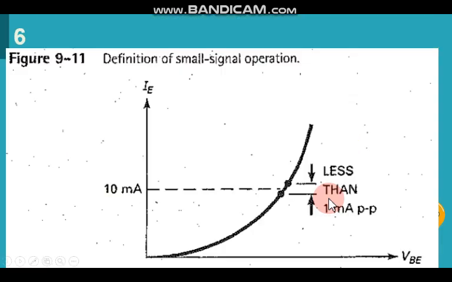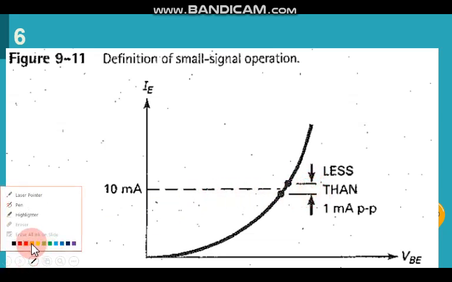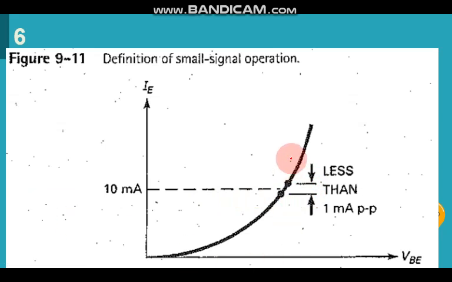So that we can see in the next slide. If we consider that your AC variation is very small here, 1 milliampere peak to peak, that is our AC variation.